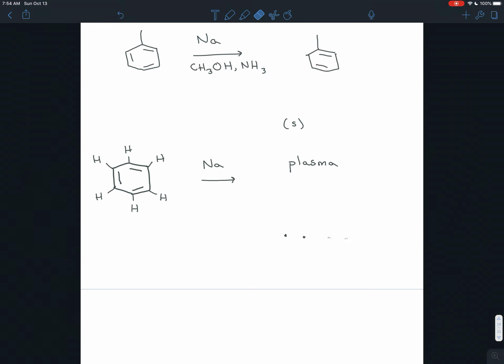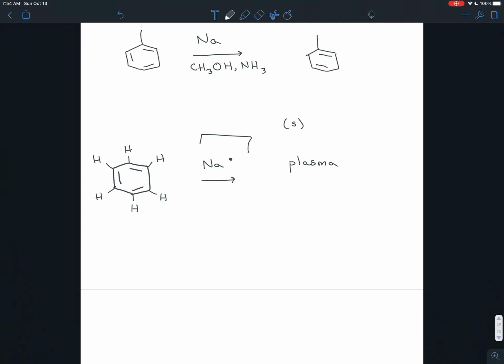So, in other words, the big takeaway from that is it's very easy for a metal to lose electrons. And if you have a whole chunk of metal, it can lose just one electron and create radicals. And that's significant for this reaction because we're trying to react benzene itself. Benzene is not reactive.